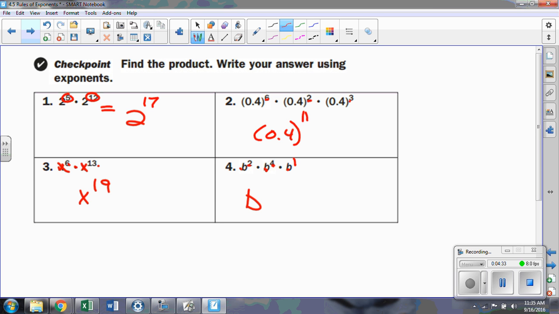If we don't see an exponent written, we understand it's a 1. So 2 plus 4 plus 1 is 7. We're done. Really quick, really straightforward. When you multiply things that have the same base, all you have to do is add the exponents. That's the product of powers property.